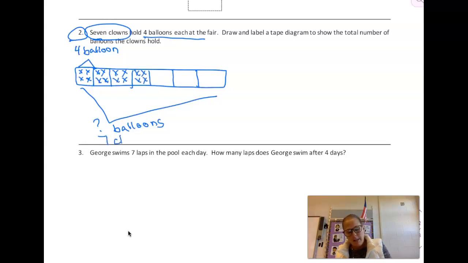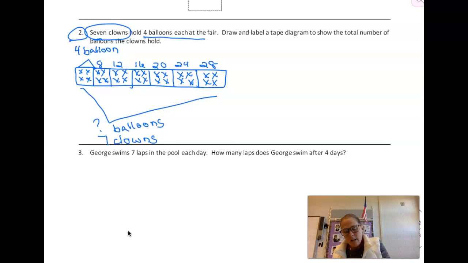So I'm going to write my 7 clowns down here so I know how many groups I had. You can make your X's if you want to. You could also skip count 4, 8, 12, 16, 20, 24, 28. You could do it either way. Now over here, I'm going to write a multiplication sentence with what we know.